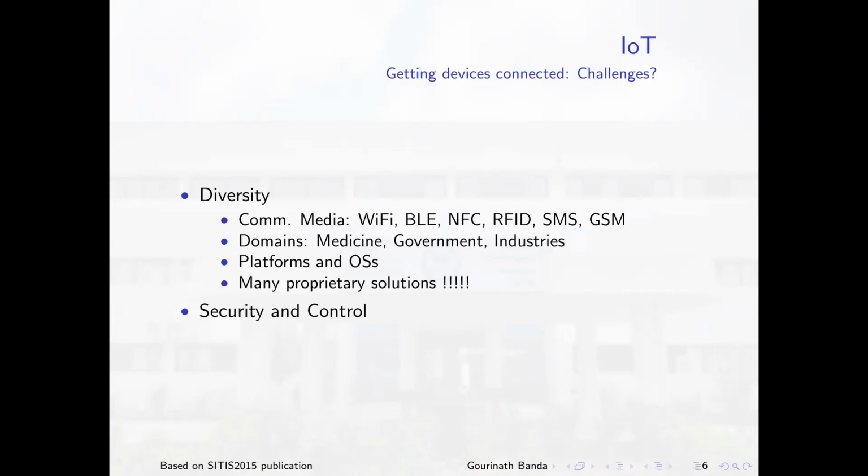Some will use Bluetooth, the low energy version of Bluetooth. Then near field communication, then RFID based communication, or a simple traditional SMS based communication, or GSM based voice communication. And the domains of deployment are very diverse: medicine, governmental, industries, household, traffic, transportation, communication, you name it, you will find one deployment of IoT there. And there is platform related diversity, various operating systems, various hardware, and then there are many proprietary solutions as well, right?